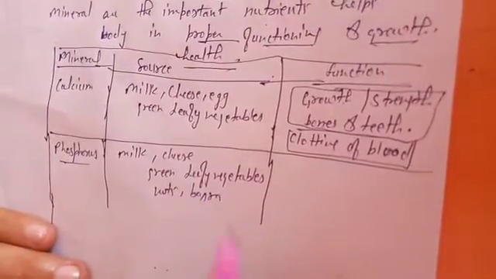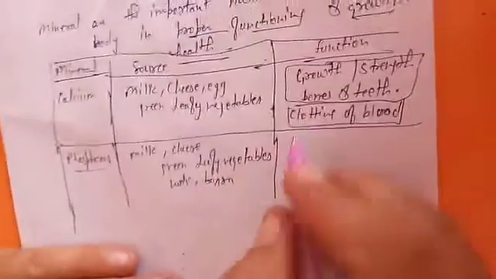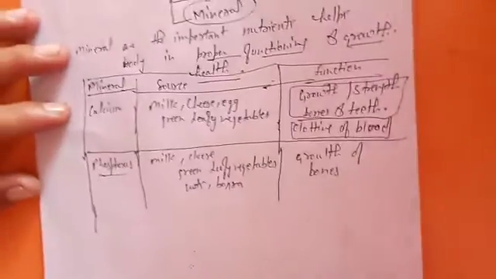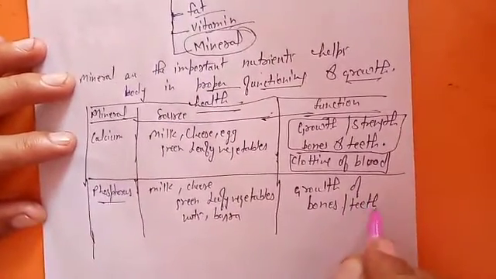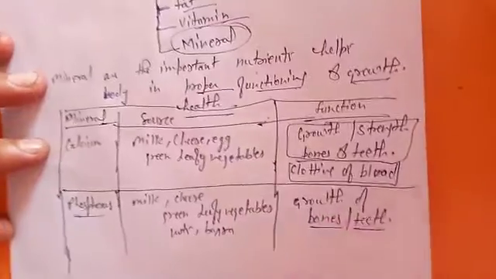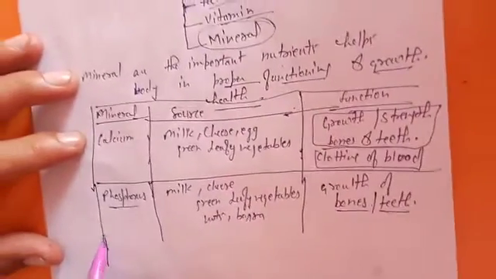These are the rich sources for phosphorus. And what is it helping in? It helps in the growth of bones and hardening of them, as well as for the teeth. In both bones and teeth, phosphorus helps in growth.